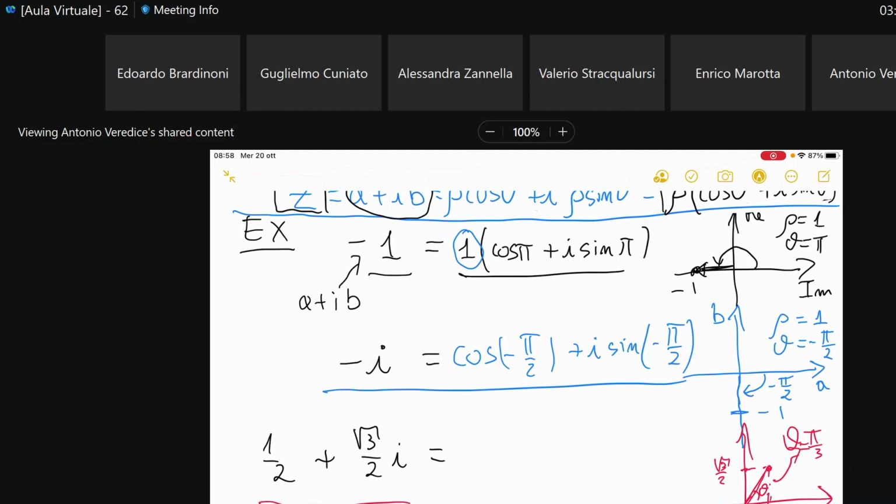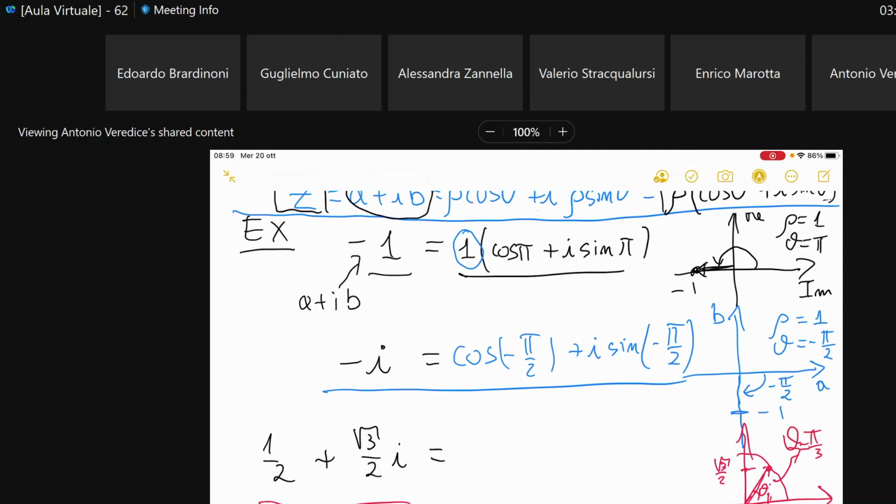And what about rho? We have to recall the sine and cosine of pi over 3. Rho is the square root of 3 over 4 plus 1 over 4, and it's 1.